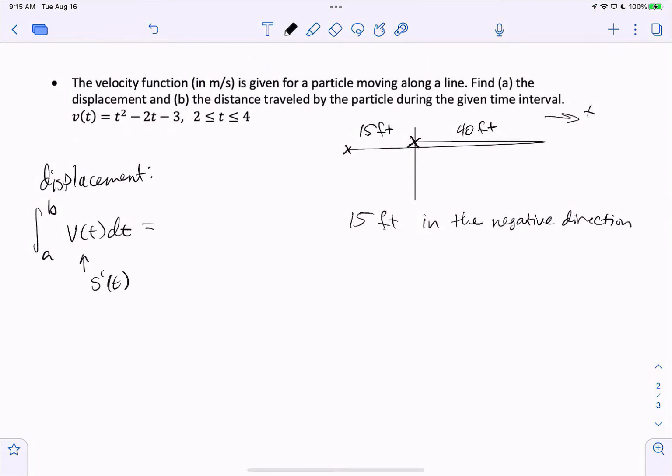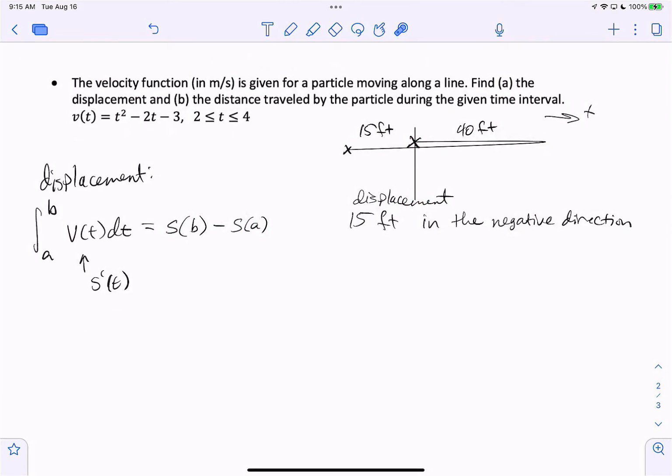And all it takes into account is the starting position, so s of b minus s of a. And if this number is positive, then you would think of it like the thing is in front of where it had started. And if this number is negative, then you would think this thing is behind where it had started. So this 15 feet in the negative direction is displacement.